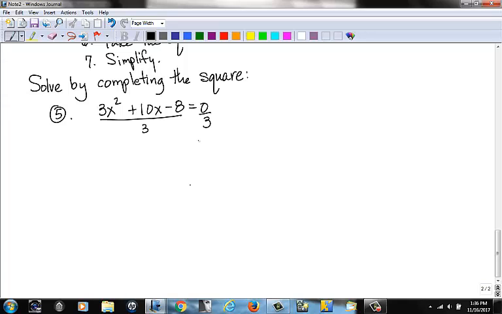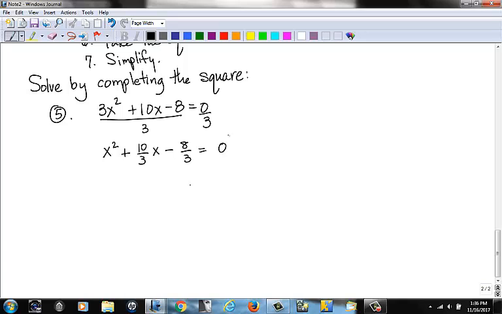That 3 divides into, this is a polynomial over a monomial, that 3 divides into all of them. So it's x squared plus 10 over 3 x minus 8 over 3 equals 0. And if you use a diagonal fraction bar, I would switch to a horizontal. Get the constant term on one side by itself.